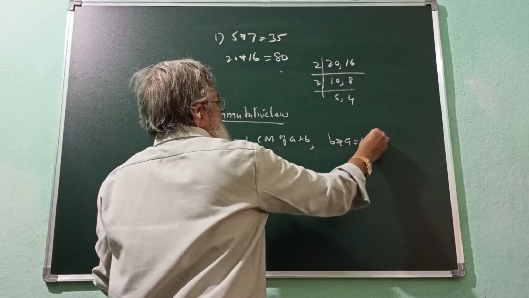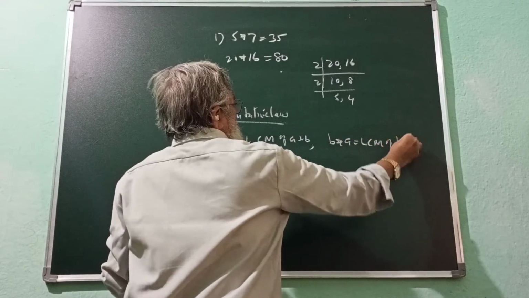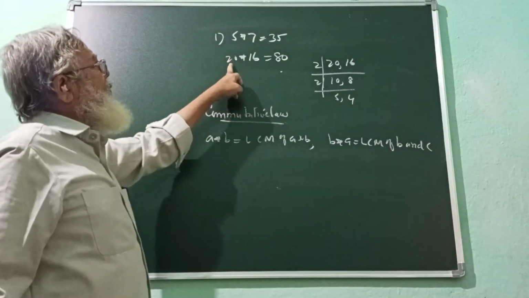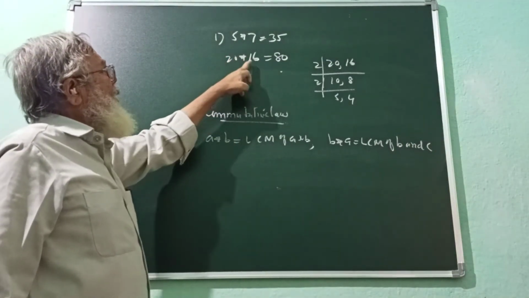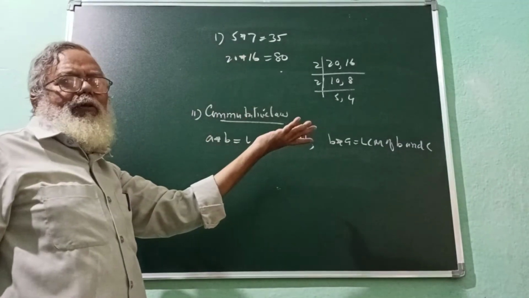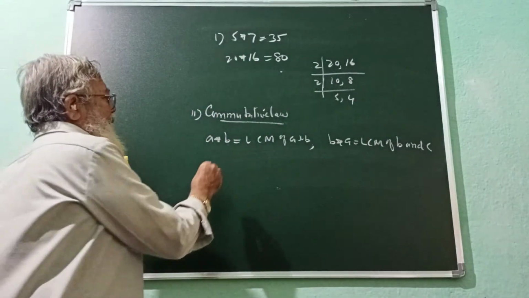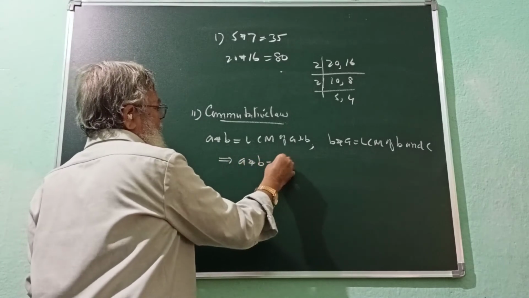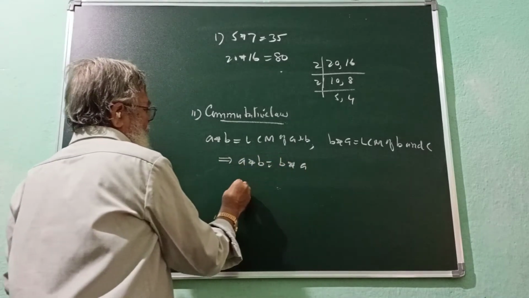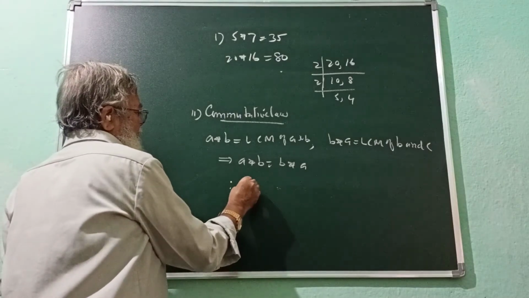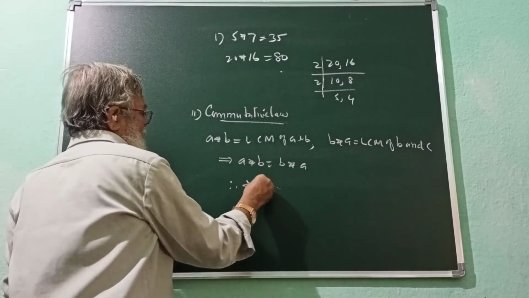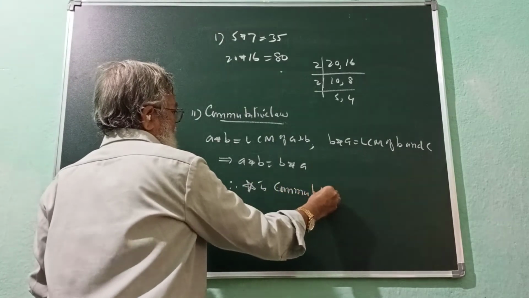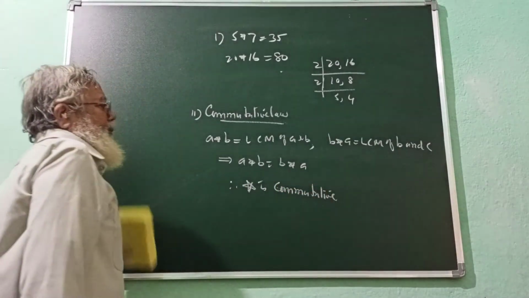That is nothing but LCM of B and A. Whatever number we are getting, for example, the LCM of 20 and 16, or 16 and 20, you get the same 80. So that's why we can say that A star B is equal to B star A. Therefore, star is commutative.